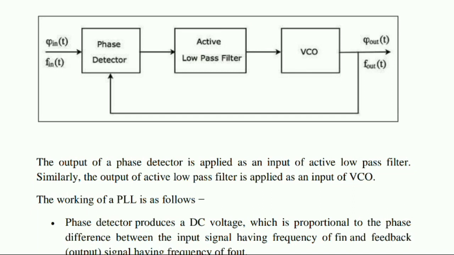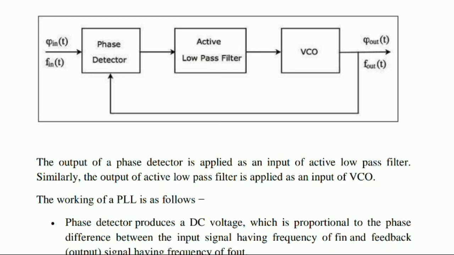In this case, the active low pass filter is used to remove the high frequency noises. Based on this phase reference, this is a voltage controlled oscillator. Why is it called a voltage controlled oscillator?